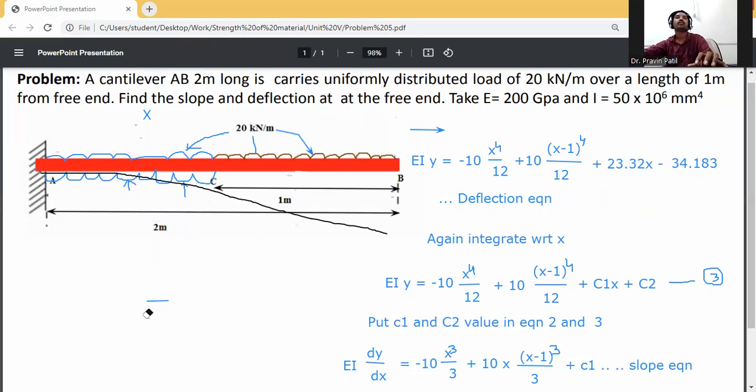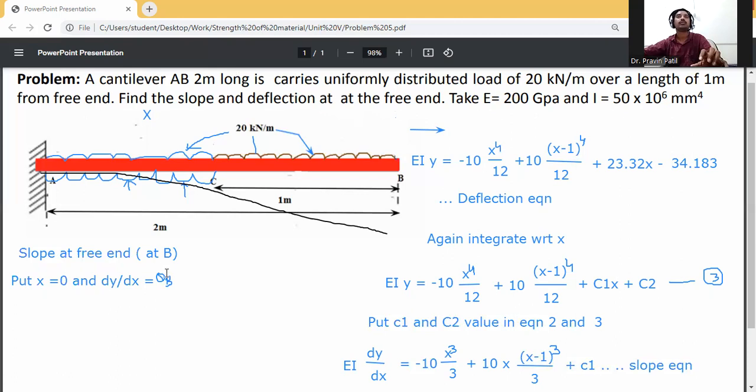First of all, slope at free end, that means at B. So put x is equal to 0 and dy by dx is equal to theta B in the slope equation.